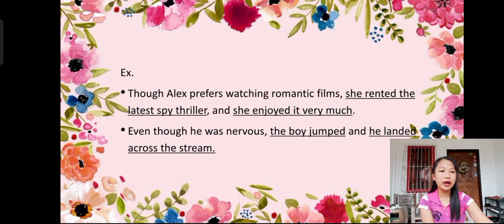Again, the fourth sentence structure is the simple, compound, complex, and compound-complex sentences. A simple sentence just follows the subject and verb format, while a compound sentence consists of independent clauses. A complex sentence consists of one independent clause and one dependent clause joined together using a subordinating conjunction.